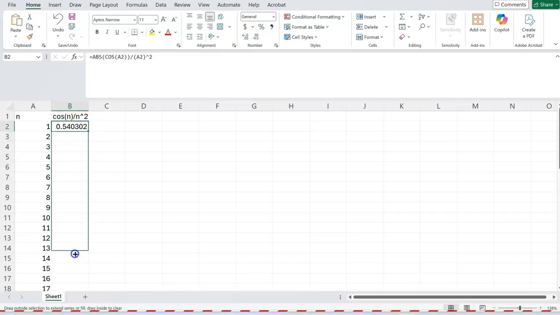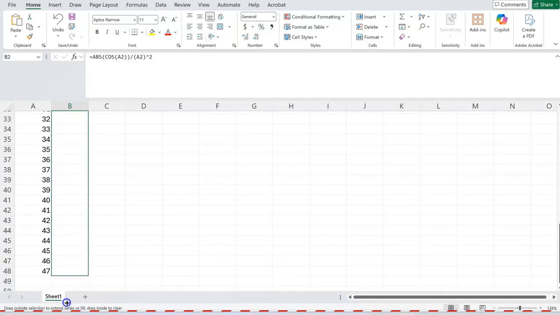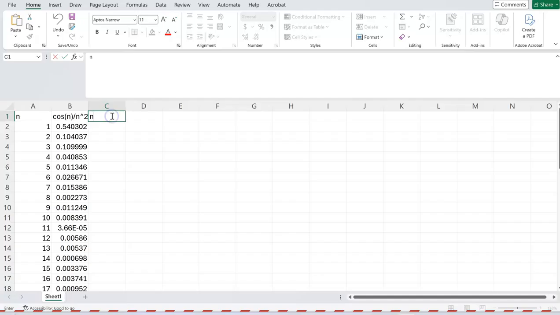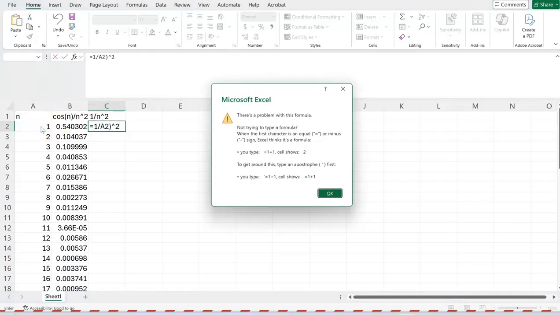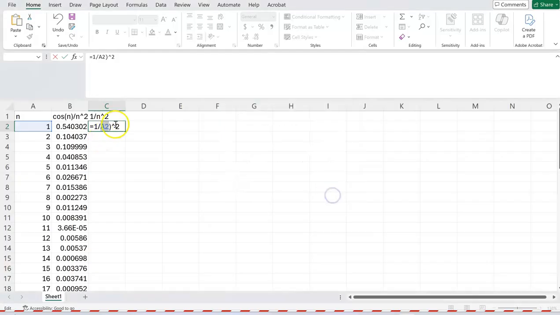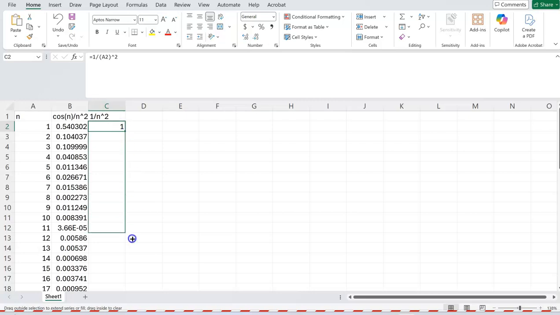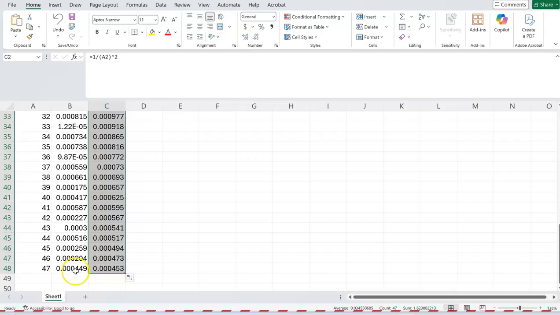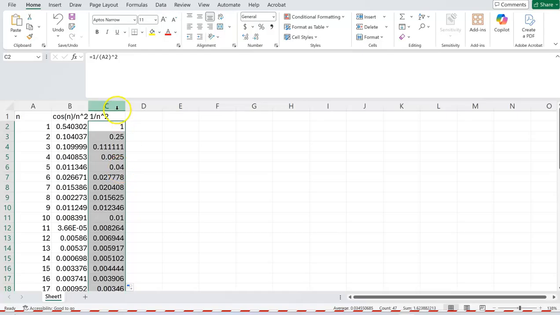So that's going to return positive numbers. I want to know if this is less than what I picked, which was 1 over n squared. Equals 1 divided by n squared. And you can see how these are definitely smaller than what I picked. So our criteria has been met.